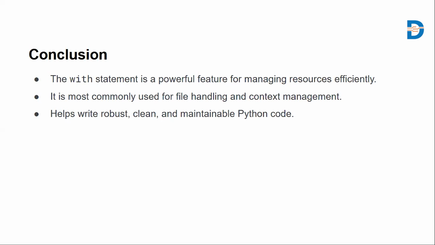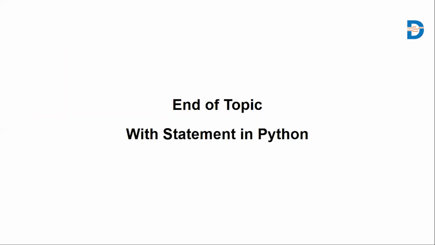It automatically handles exceptions, ensuring resources are always cleaned up regardless of whether an error occurs. So, the with statement is a great tool to make your Python code more robust, concise, and reliable.